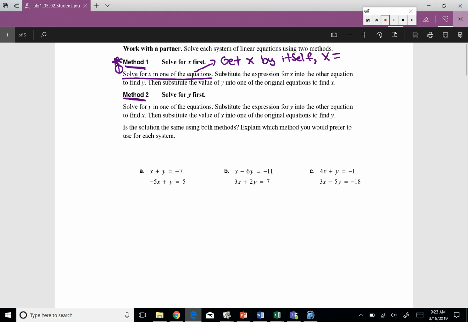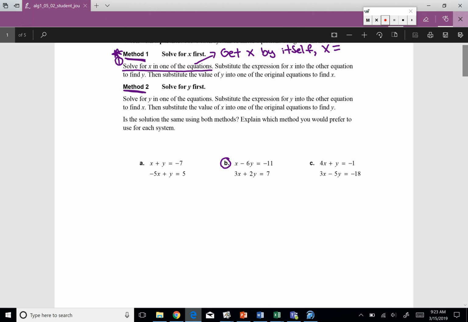So to start off, I want to start with letter B. And our directions say, step 1, solve for x in one of the equations. As I look at letter B, I have two different x's. I have a plain x, and then I have a 3x.